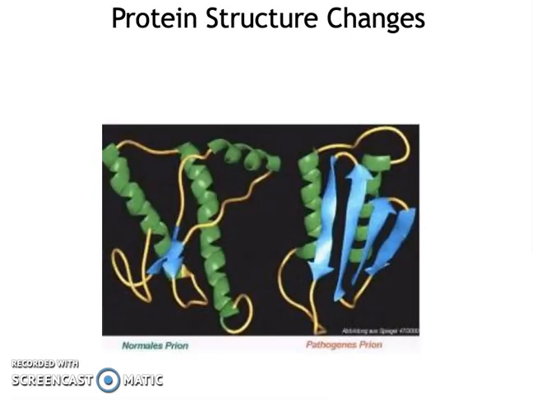This single protein is able to replicate itself inside living cells. Not only that, but it can be transmitted from cow to person, and from person to person, and from cow to cow. As this protein replicates inside brain tissue, it can lead to destruction of brain cells, spongiform encephalopathy, and death.